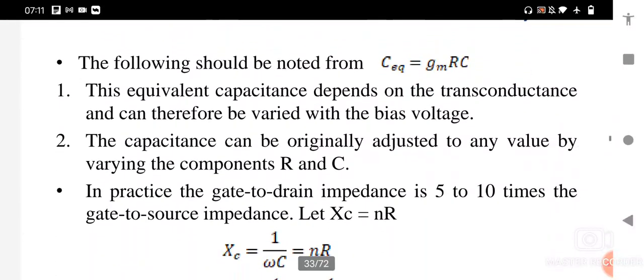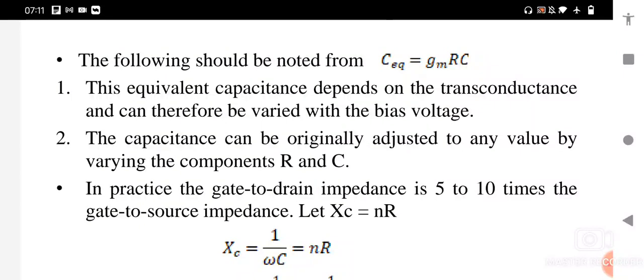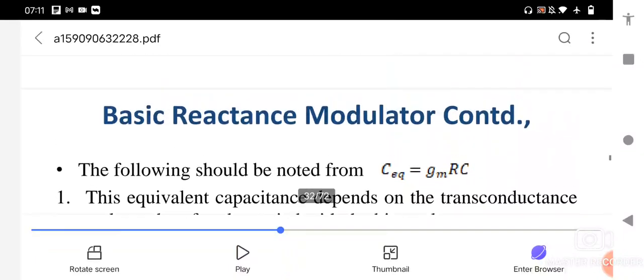What are the important points from the reactance modulator? The following should be noted: C equivalent is equal to transconductance Gm into Rc.